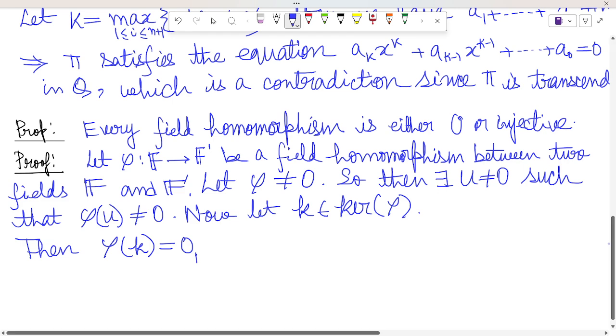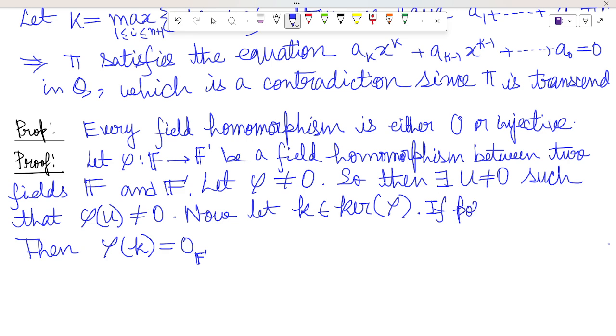It is 0 of f dash. So if possible, let k be non-zero.